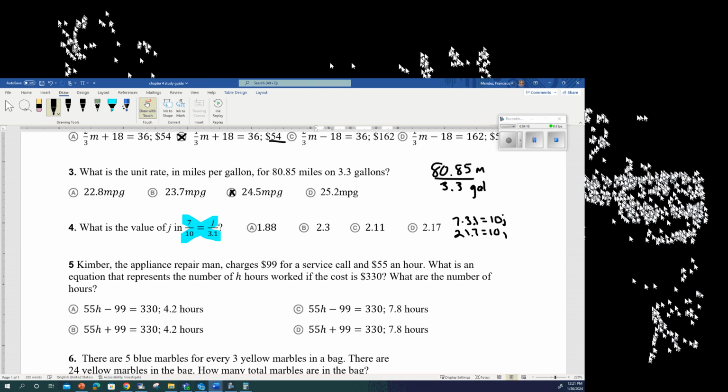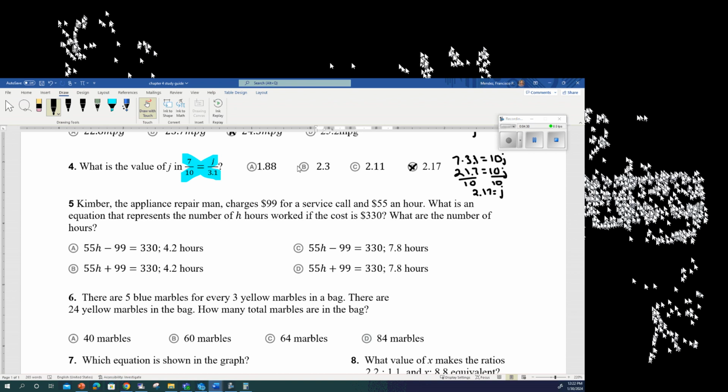The only way to get 10 away from J is to divide it away. Whatever I divide from one side, I do to the other. 21.7 divided by 10 is 2.17. So 2.17 is the answer.